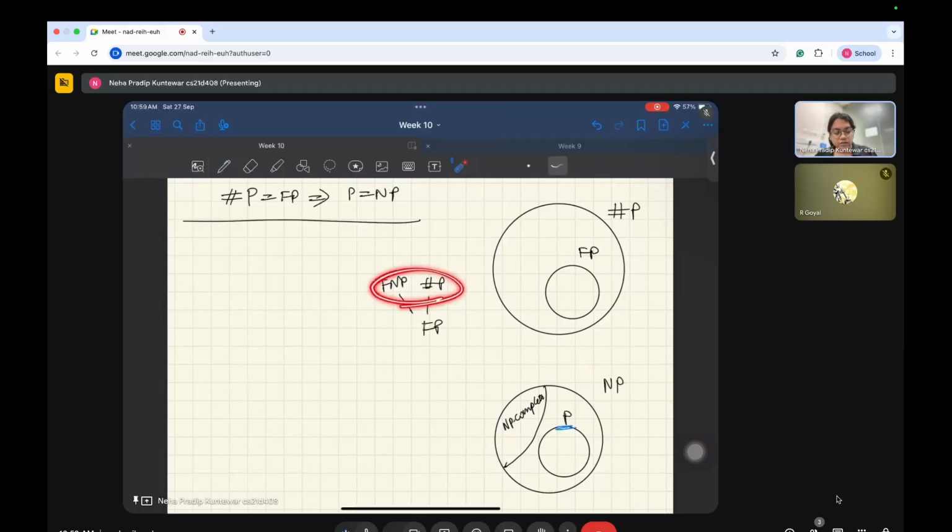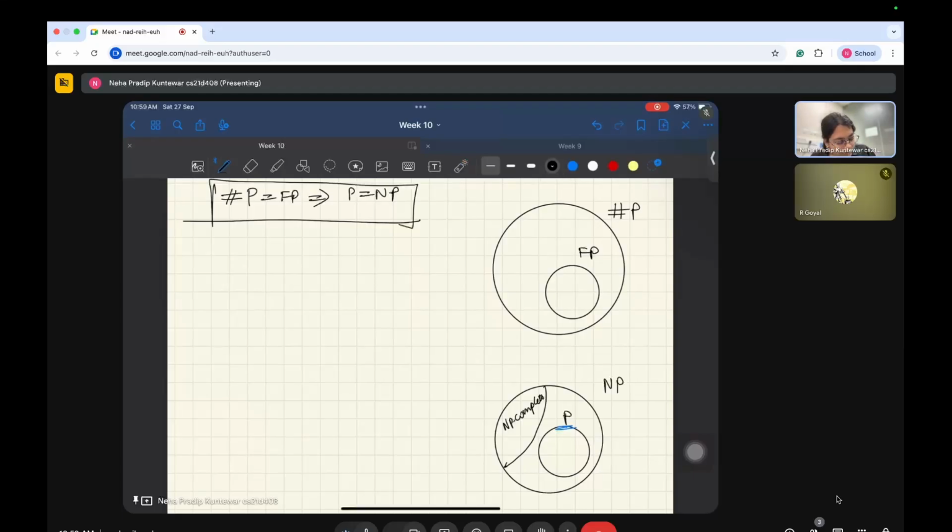At least as far as I recall, we don't know, but I should check this again, the FNP versus #P thing. So we have this kind of implication, therefore this is an interesting problem in itself.